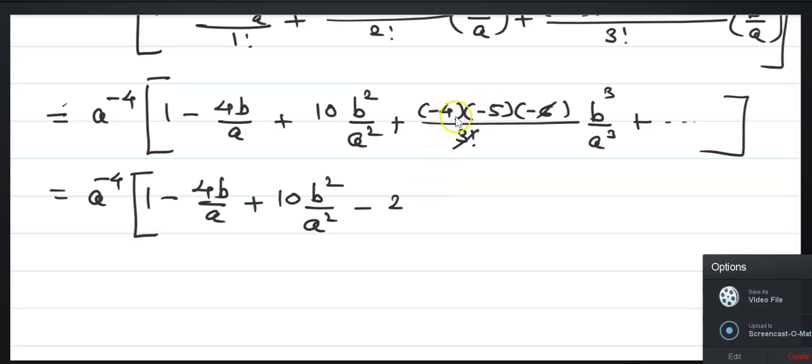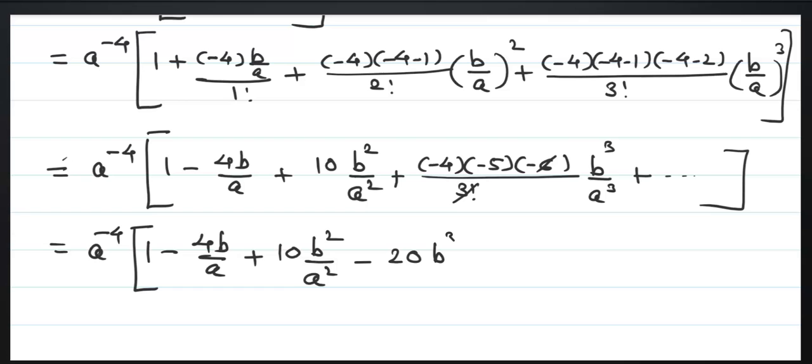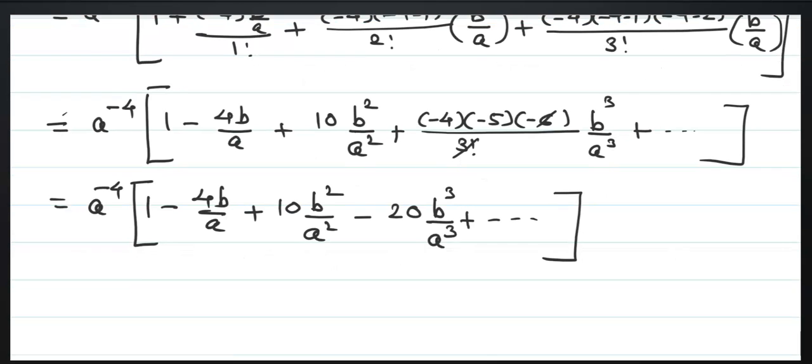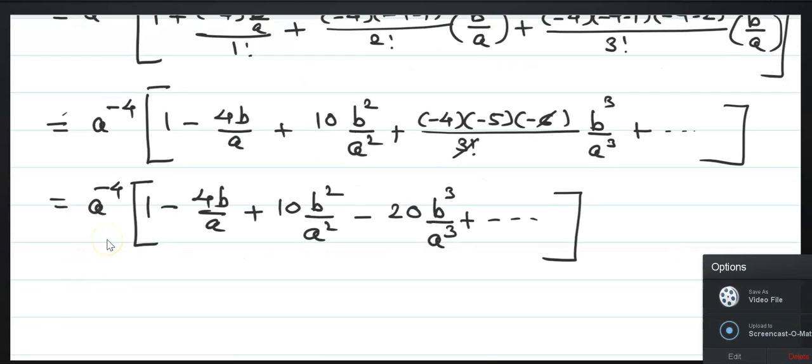That is 20 b cube upon a cube. See this here. This is the final answer. That is a raised to minus 4 times 1 minus 4b upon a plus 10b square upon a square minus 20 b cube upon a cube.